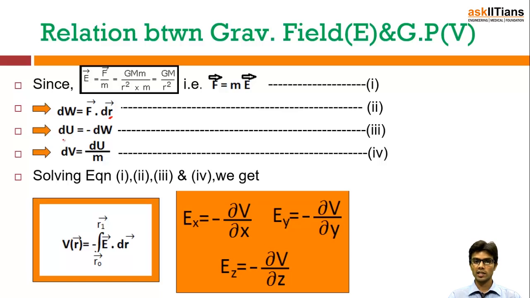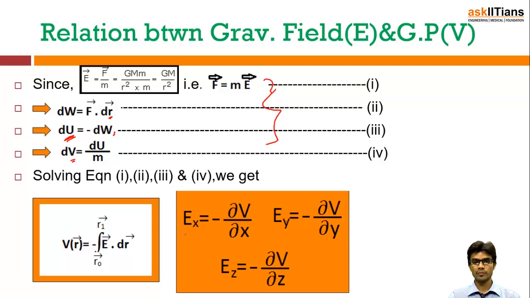Also, dU is equal to minus dW, potential energy is the negative of work done, and gravitational potential is gravitational potential energy divided by mass.